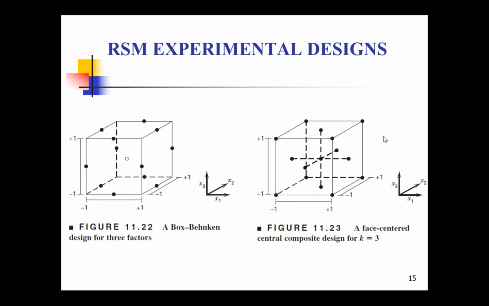So there are different designs in RSM. Normally we will have two specific designs. One is Box-Behnken design and the other one is the central composite design. The difference is, in this we have to provide only the lower and the upper limit. No intermediate limit will be provided.